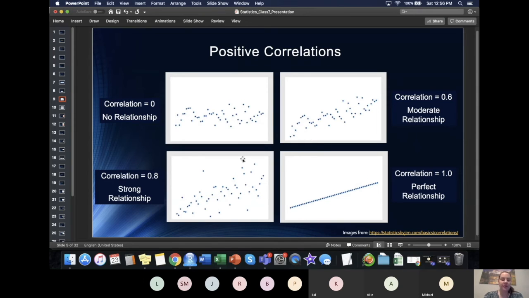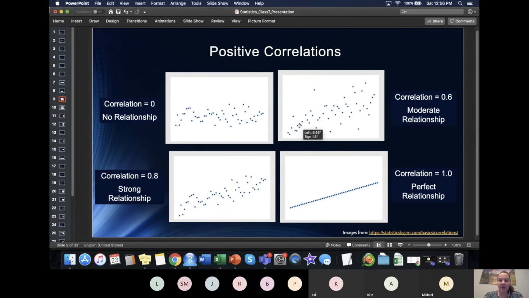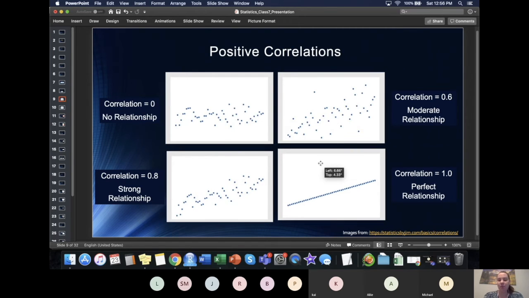And actually these are switched. I apologize. This would be a moderate relationship. The reason I knew that is because this one is more spread out, and there is less of a correlation, meaning that these points are more randomly distributed.